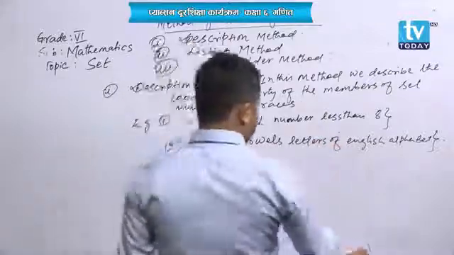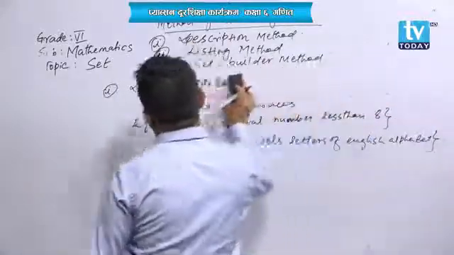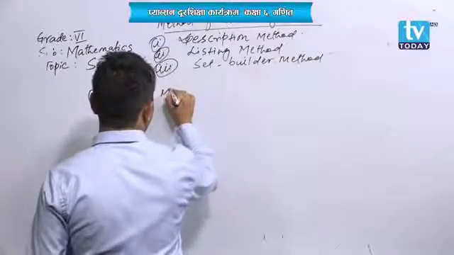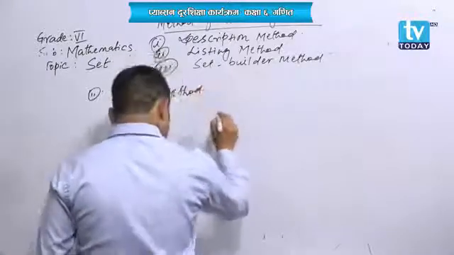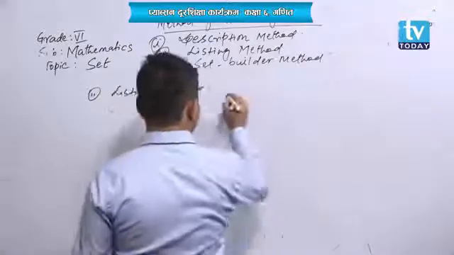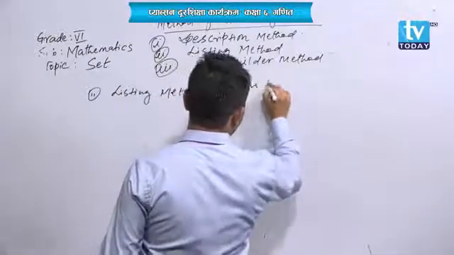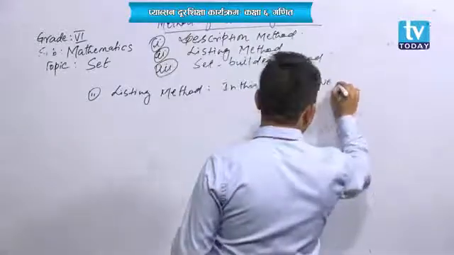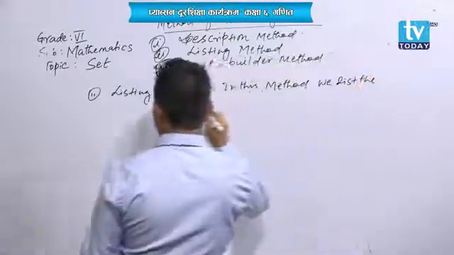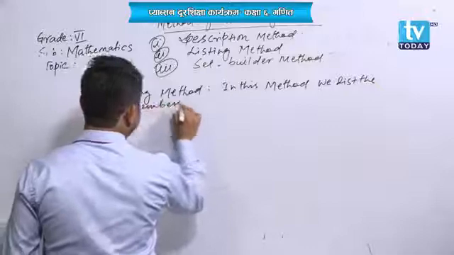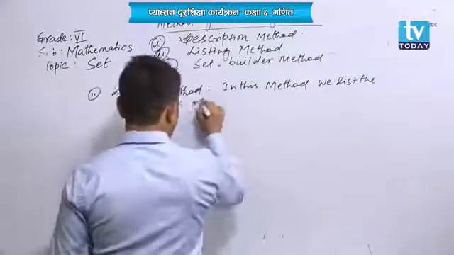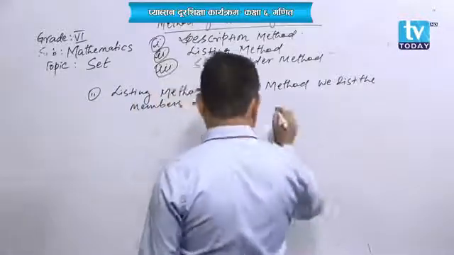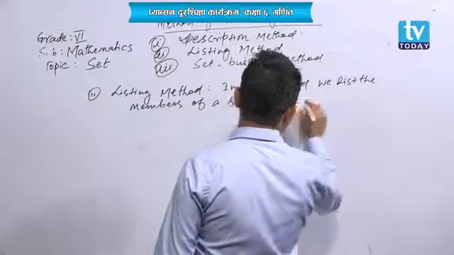All right. Now number 2, listing method. In this method, we list the members of a set inside the braces.